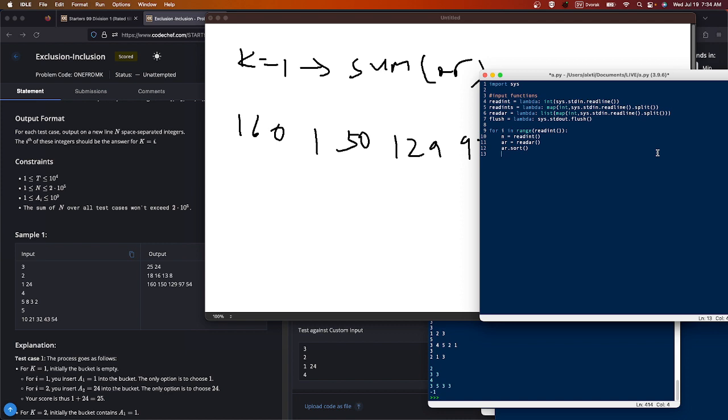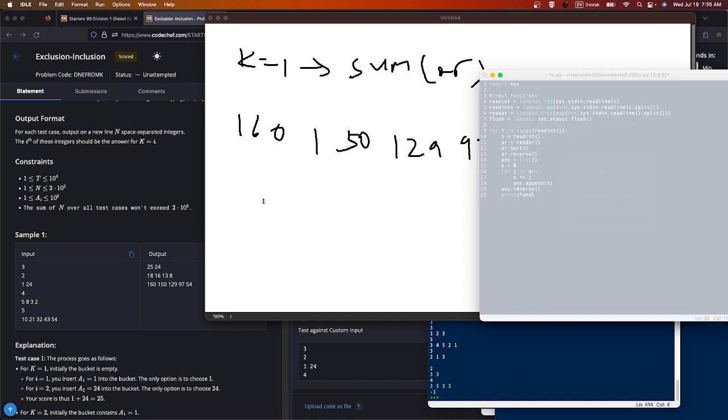We just sort here, and reverse. We'll keep our answer in the list. x is 0, for j in AR, x plus equals j, answer dot append x, answer dot reverse again, and then print star answer.